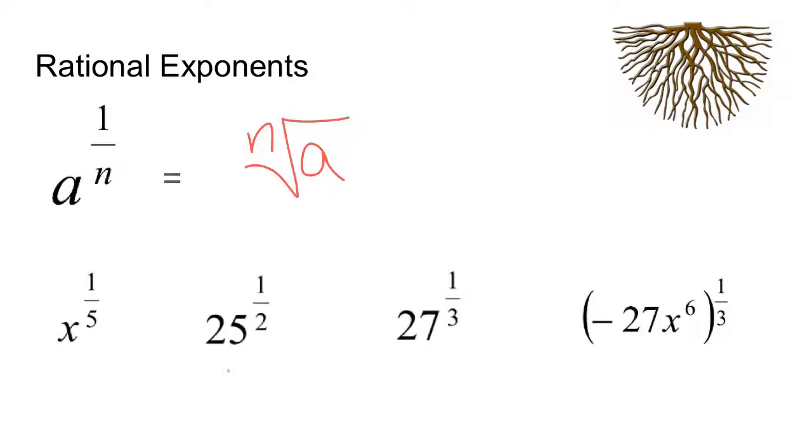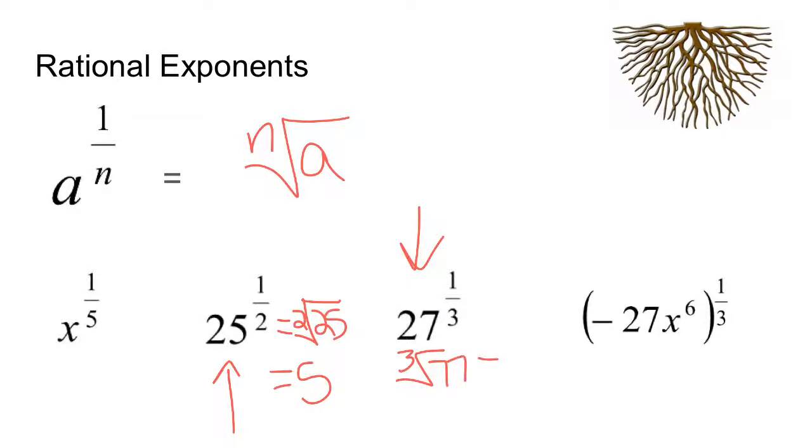So for example, let's look at 25 to the 1/2 power. This would be the same thing as the second root, in other words, the square root of 25, which is 5. The next one here, 27 to the 1/3 power, would be the third root of 27, which is, we've seen that problem already today, 3.